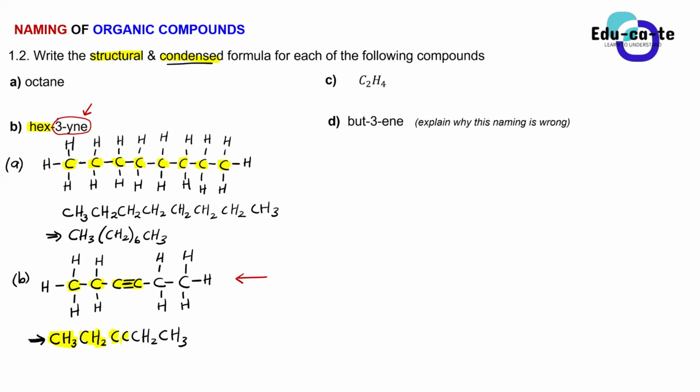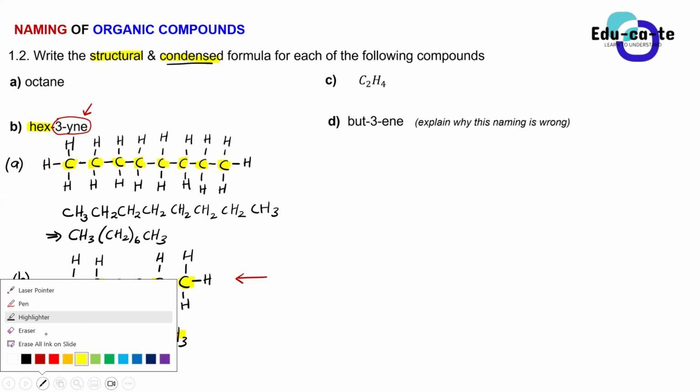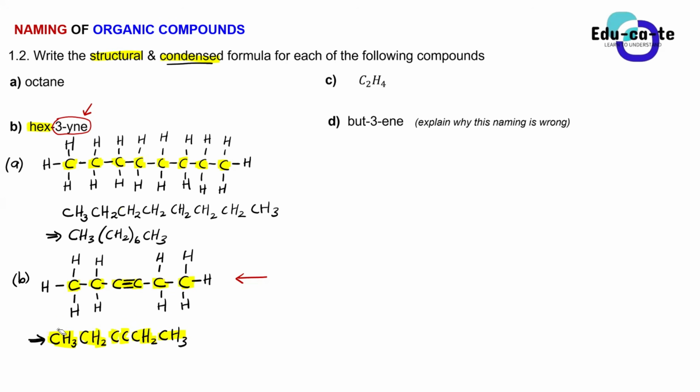Then there's another carbon here that is bonded to 2 hydrogens, so this is CH2. Then the last carbon at the end with 3 hydrogens is CH3. Do you guys all notice that? Yes, it's way easier, guys. It's way easier, so let's continue.